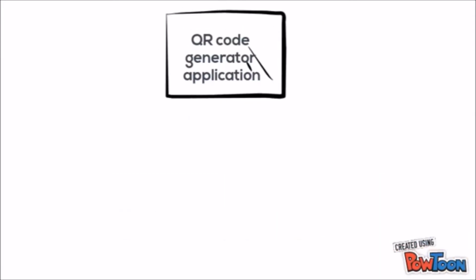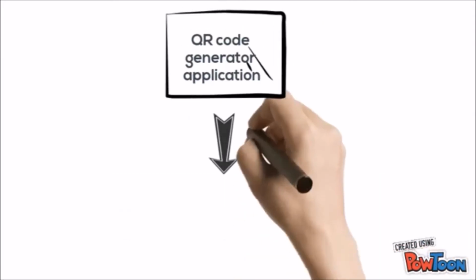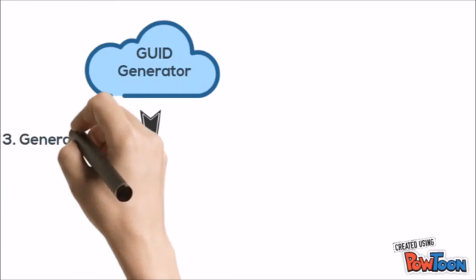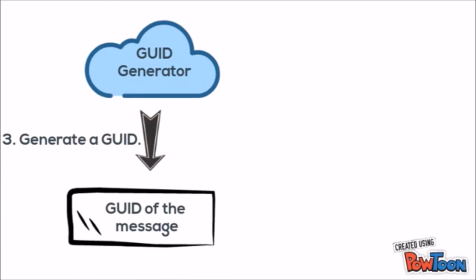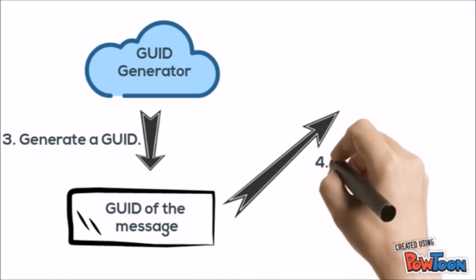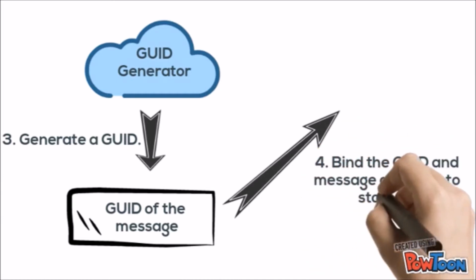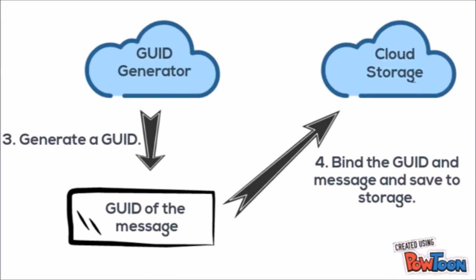The application will then process the request and send it to a cloud server. When the cloud server receives a request, it will generate a unique GUID for the message. After that, the server will bind the GUID with the message and store it in the cloud storage, which could be retrieved in the future.